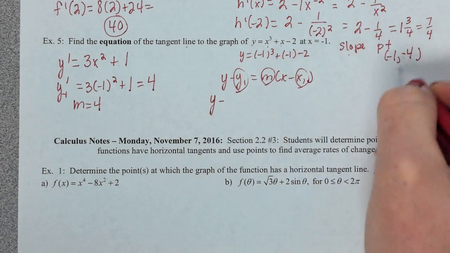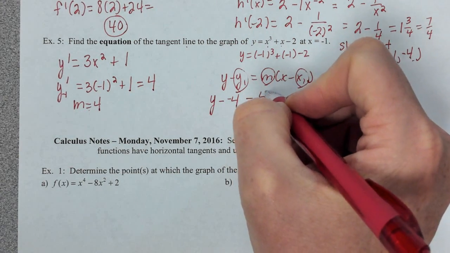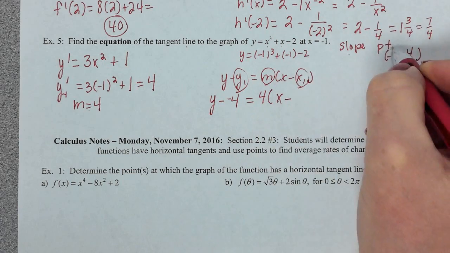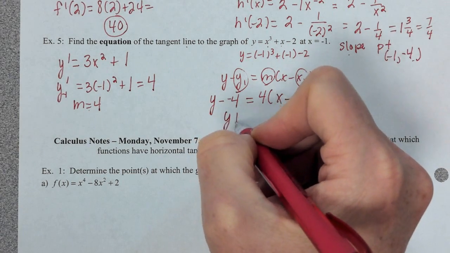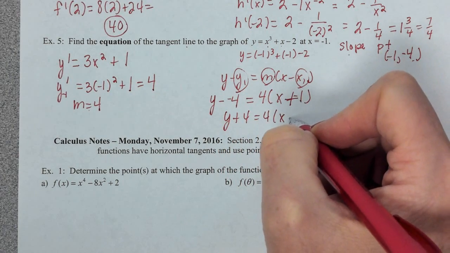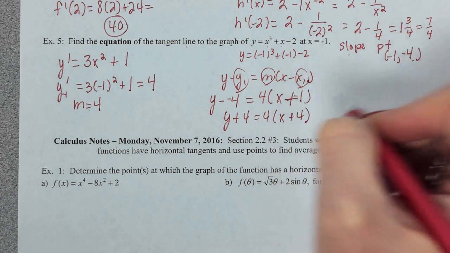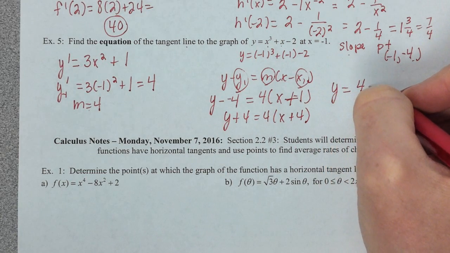So y minus y sub 1 is -4 equals my slope times x minus -1. So I'm going to have y plus 4 equals 4 times x. That would be a big plus. So plus 4.